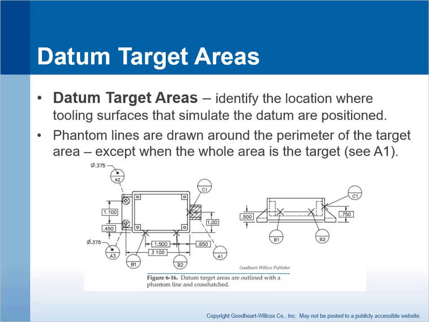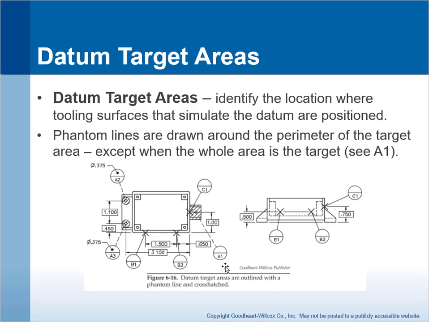Okay, datum target areas now. In this particular case, we need a target area. On this piece, we've got 2 mounting holes over here. Again, they have basic dimensions locating those mounting holes. And then we have the areas shaded here.